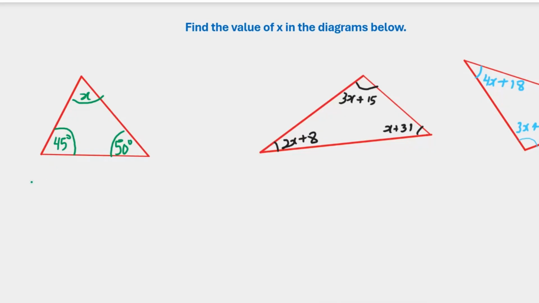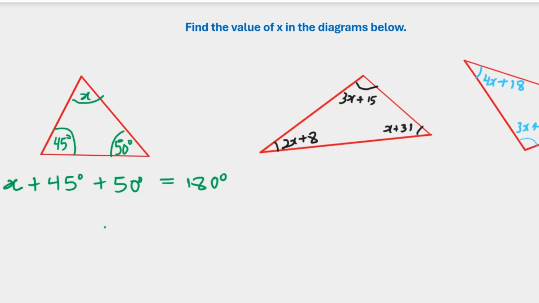So this is how it's going to be. We have x plus 45 degrees plus 50 degrees. That should give me 180 degrees.